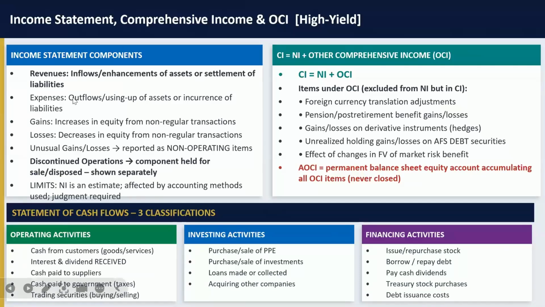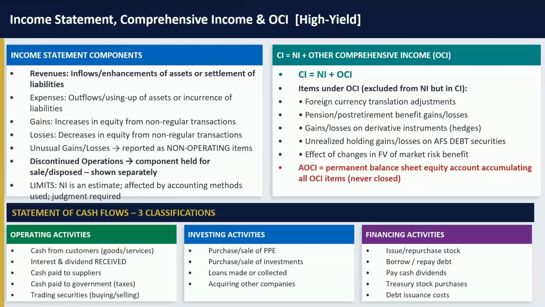Revenues are the inflows that we get from our regular core business activities. Expenses are outflows resulting from core business activities. Or in other words, in order to earn the revenue, the cash that you're expending is called an expense. For example, to earn sales revenue, you will have to face an expense called COGS.